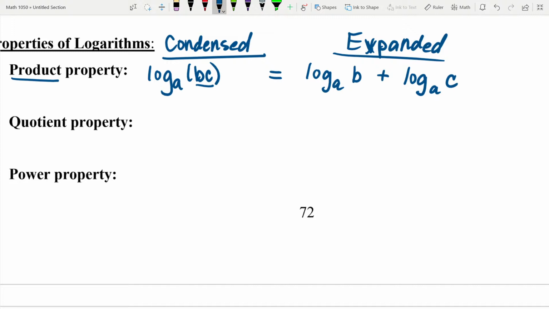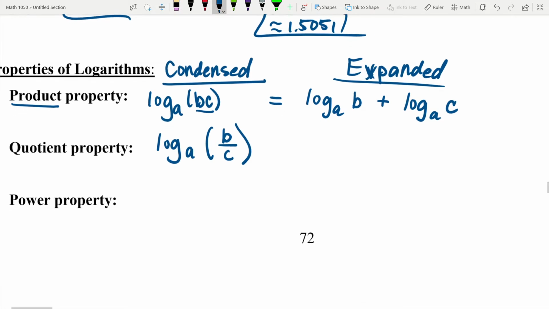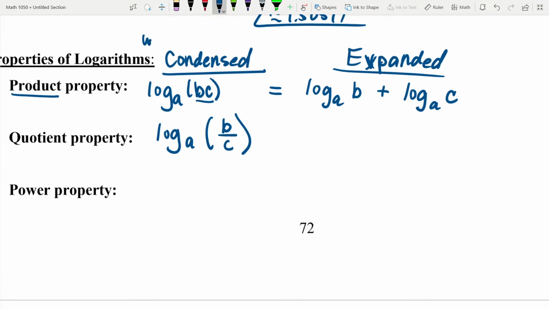Quotient means the answer to a division problem, right? So it's log base A of B over C. That's squished together. By the way, up above condensed, write this down for me: put "right," and then in quotes put "log one time."